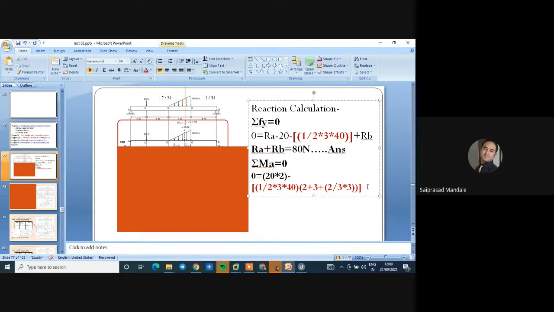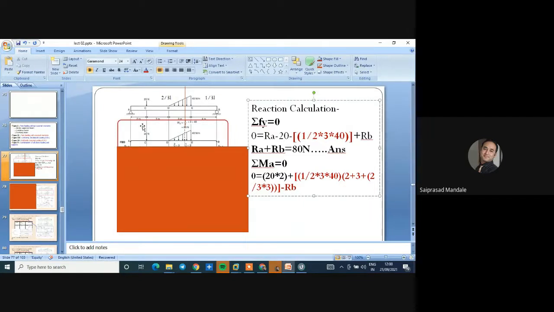Now the last parameter is remaining. Only RB is remaining. RB is not plus. This is clockwise, plus, and this is also plus as it is clockwise, and then minus RB into how much?